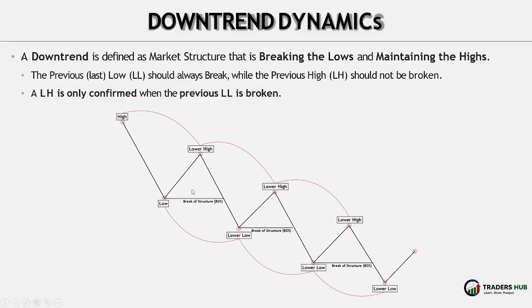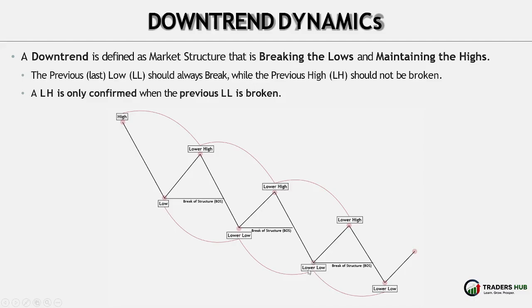And you can see that this is now a lower high once we break this low. Once we broke this low, we printed a lower low, retraced back internally and formed a new lower high, breaking structure and forming a new lower low.